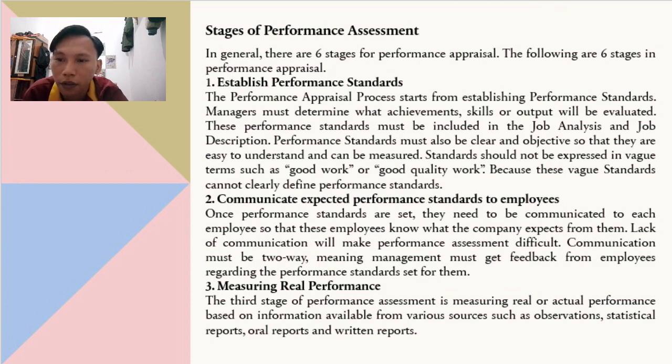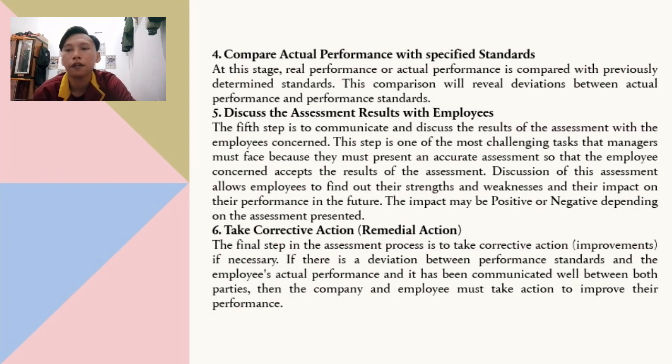3. Measuring real performance. The third stage of performance assessment is measuring real or actual performance based on information available from various sources such as observation, statistical reports, oral reports, and written reports. 4.